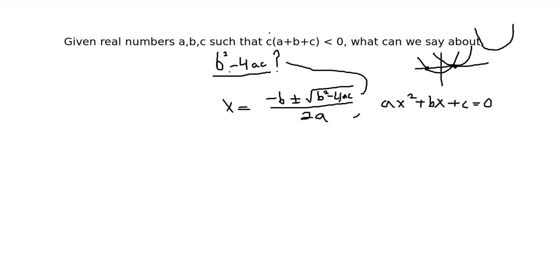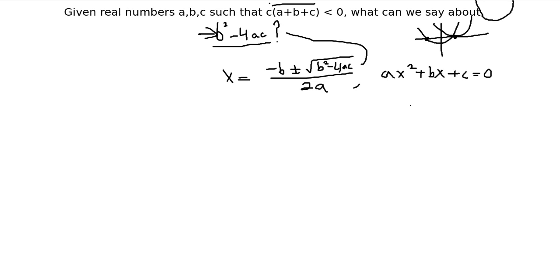So we have a sense of where we want to go with this problem, but we still don't know how to translate this information into this information. Except we know that the sign of b squared minus 4ac tells us about where the roots of this quadratic are.